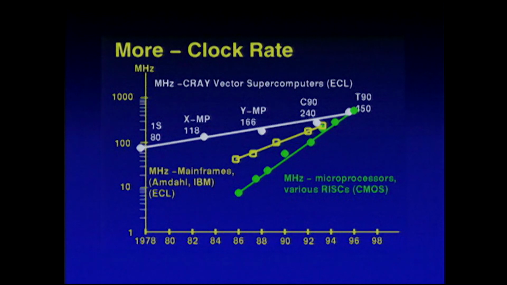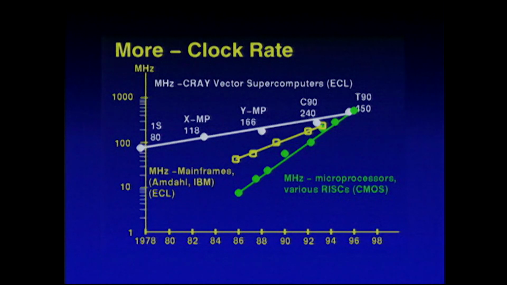These both use a technology called ECL, or emitter-coupled logic, which used to be much faster in its basic switching speed compared with the CMOS technology that you find in personal computers and workstations and so forth. What's been happening is that these lines have been converging. This is why you now start to hear about CMOS mainframes and how much money they save. And you even find CMOS technology starting to be in the supercomputer business.